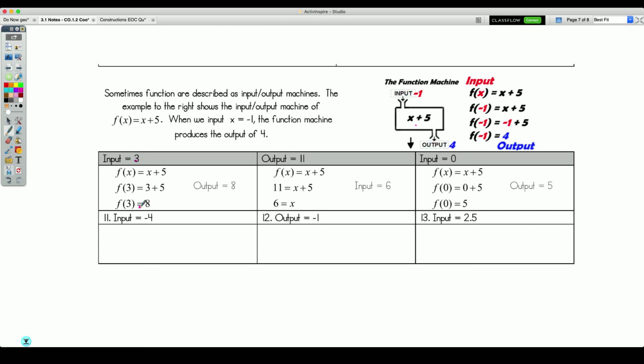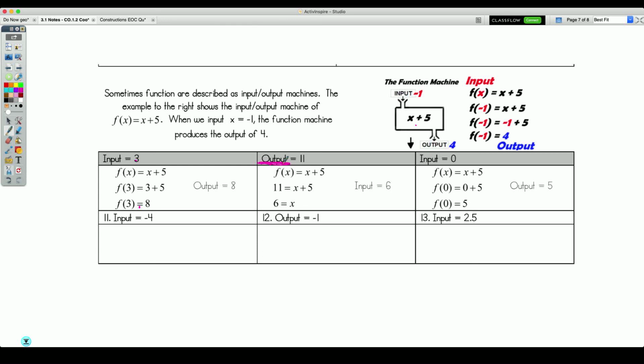The only difference here, they gave me what? They gave me output. So instead of plugging it in, what do I have to do with that? You don't plug in output, we do what with output? Set it equal to. So here we set my function equal to 11 and solved for 6. So let's go ahead and try the first one together. We're using the same function here, so my input is what?